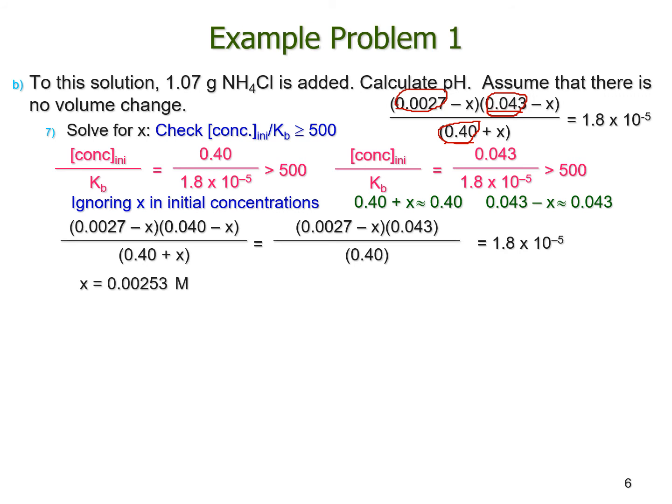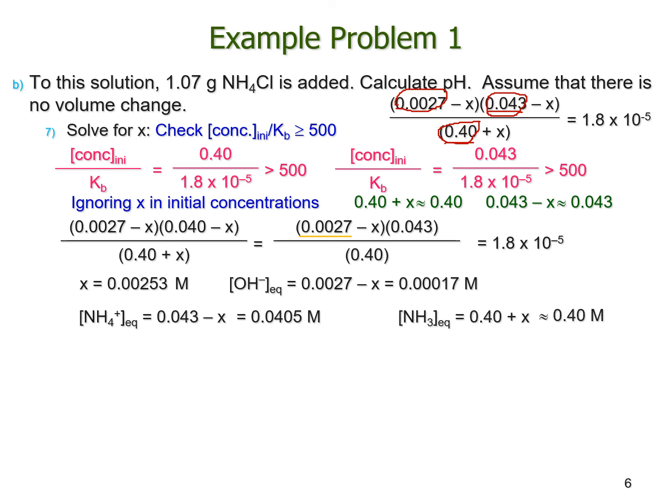Very small number. Of course, it's a very small number because if you look at what we got here, the initial concentration of hydroxide is that much. All right, so let's calculate the equilibrium concentration of hydroxide. We find out we got three zeros before the non-zero digit, so that's 0.00017 molar.